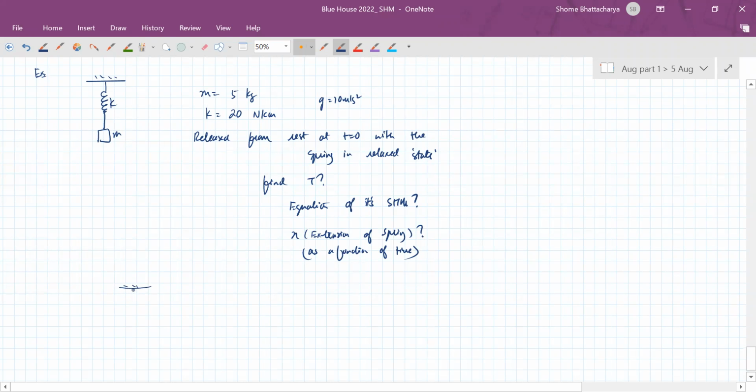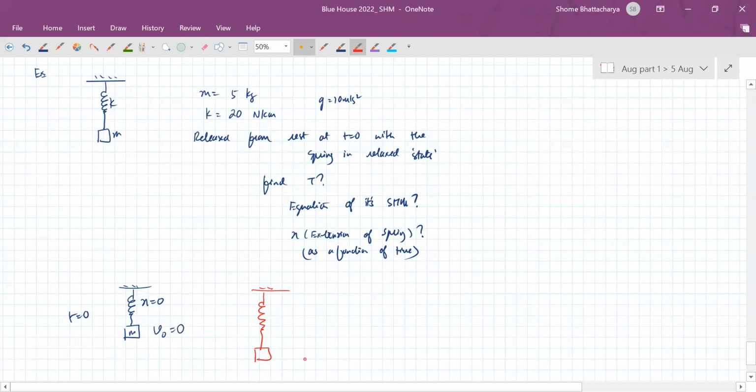So in this example, at t equal to 0, when we are releasing the system, x is 0. Okay, so immediately it has a downward acceleration and v is also 0. Now we need to compare this initial state with the equilibrium state. So the equilibrium state is actually somewhere below.